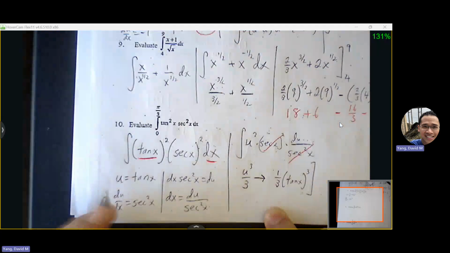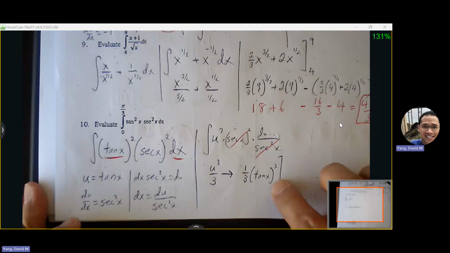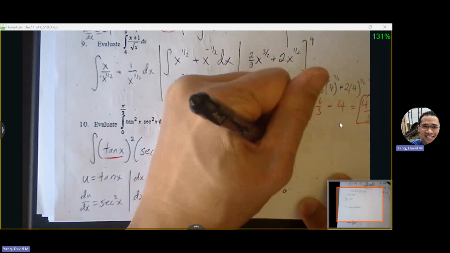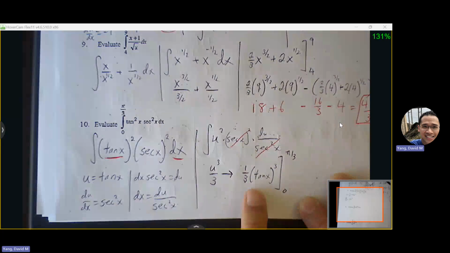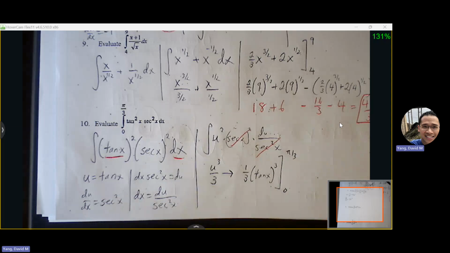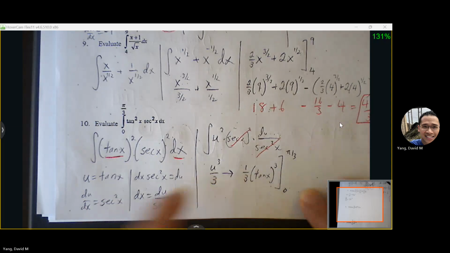And then once your antiderivative is in terms of x, you can work the bounds in, right? Because the bounds are in terms of x. We need our antiderivative in terms of x as well. Either your variable is matching in terms of x, or your variable is matching in terms of u. But we can't leave this as u and plug in x.